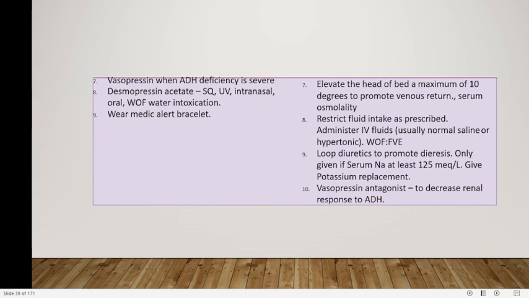You use loop diuretics to facilitate diuresis, only if serum sodium is at least 125. You give potassium replacement. A vasopressin antagonist is normally given to decrease renal response to ADH.